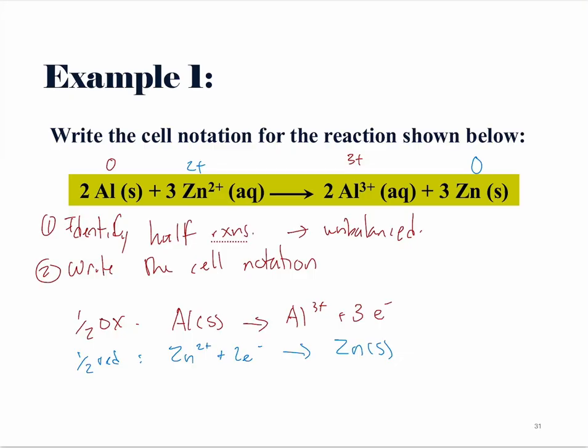So where does oxidation happen in the voltaic cell? What was the acronym to remember? It has to do with 2 animals. An ox, right? We have an ox, and then what do we have? Where does the reduction happen? Red cat.